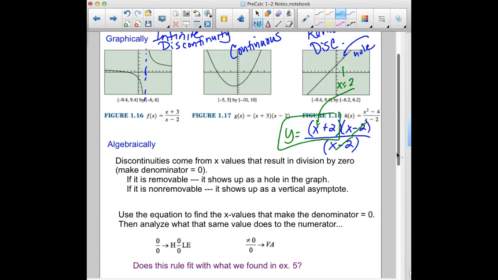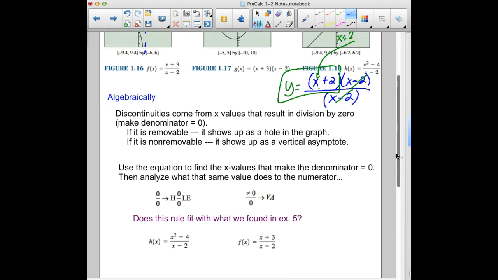If we put a 2 into this function, we get a 4. Is my hole located at the point (2, 4)? So when you go to graph these, that's how you can figure out where that hole should be. Remove the part that's the issue, the x minus 2's here, and use the rest of the function to evaluate it.